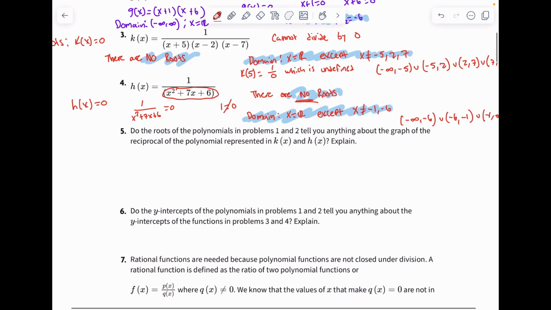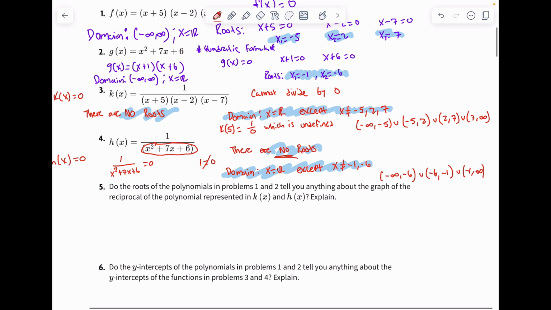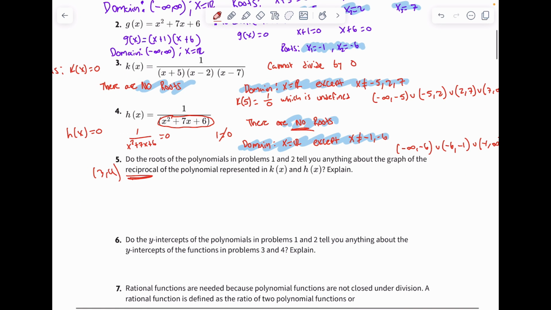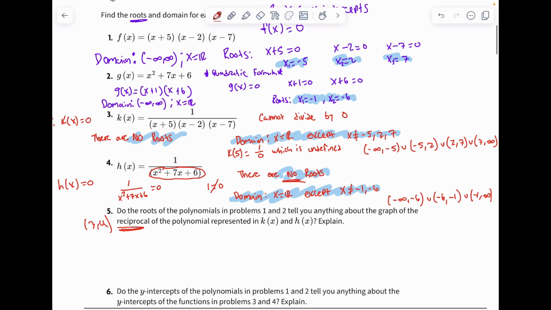Do the roots of the polynomials in problems 1 and 2 tell you anything about the graph of the reciprocal? These are the reciprocals, problems 3 and 4, of the polynomials presented in k of x and h of x. Explain. So what do the roots tell us?